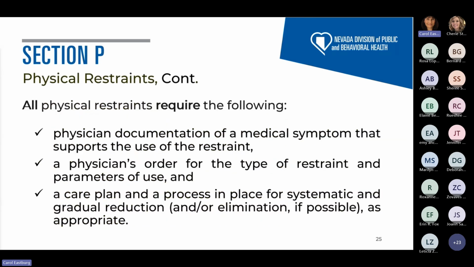If the IDT determines that a resident needs a physical restraint and all criteria are met, be sure the record has thorough physician documentation of the medical symptom that supports the use of the restraint. You also need a signed physician's order that includes the type of restraint and the parameters for use, such as when to apply it and the frequency with which staff should monitor the resident at a minimum.